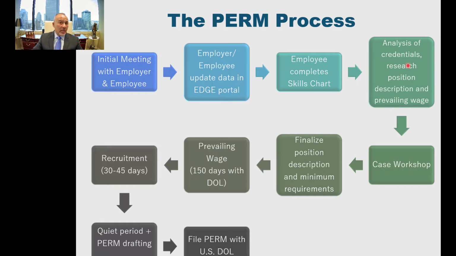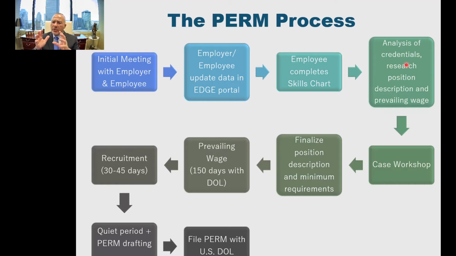Then we spend time to carefully analyze the credentials of the foreign national, to research the position description. This is a very important step in order to make sure that the Department of Labor analyst, when they look at this position, immediately recognizes what it is. We cannot mix positions. I made another video about things to avoid in order for your PERM application not to be audited. I highly suggest that you review that.